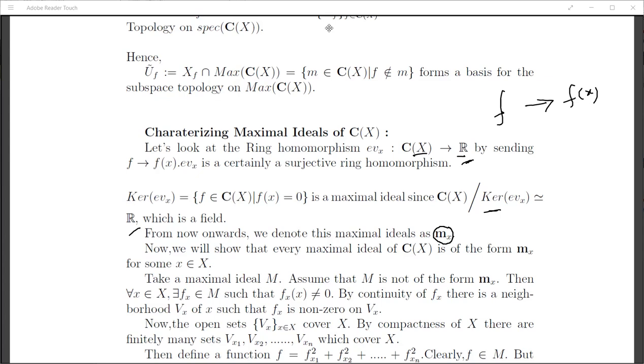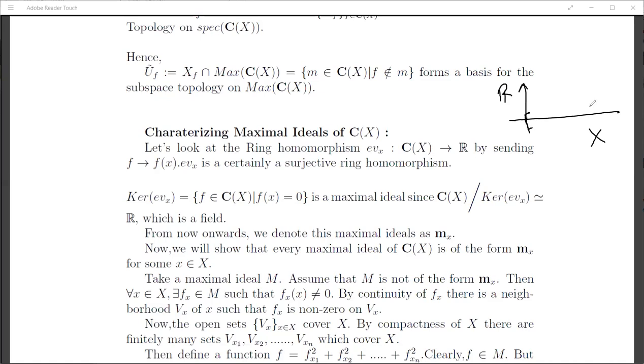So let's take a maximal ideal M. We are taking a maximal ideal M, and let's say it is not of the form m_x. So that means, okay, let me draw a picture. So this is my space X, and this is the real numbers.